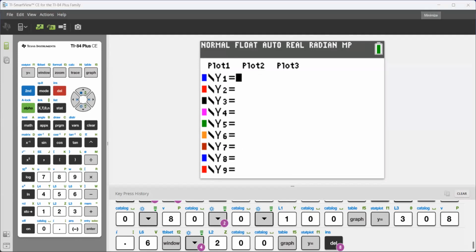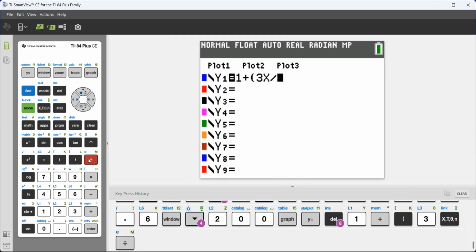So my y1 is 1 plus, I'm going to put this in parentheses, 3x all divided by x minus 1.